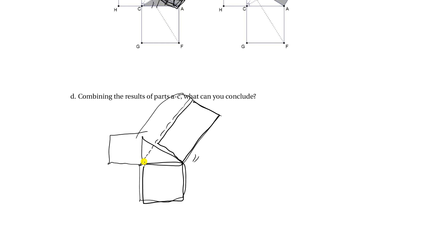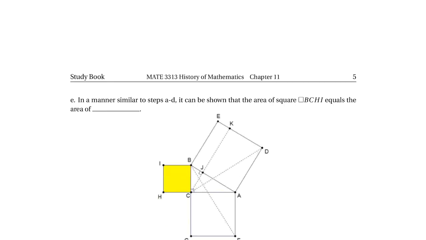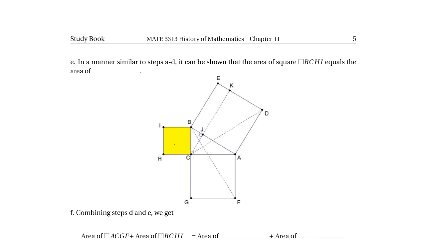Then when you look at the other case, when you flip it, this one should be the same as that one, just the same way. So in the next step, you have to do this: the area of BCHI is equal to the area of the quadrilateral BJKE.